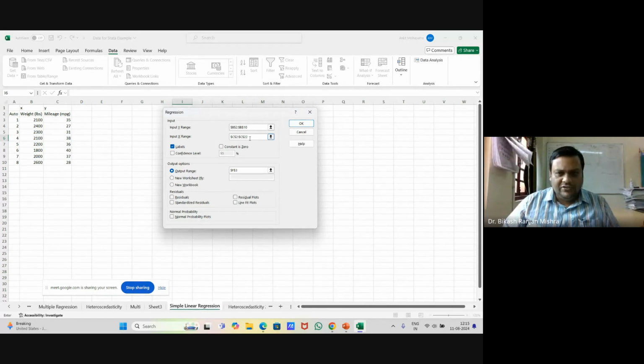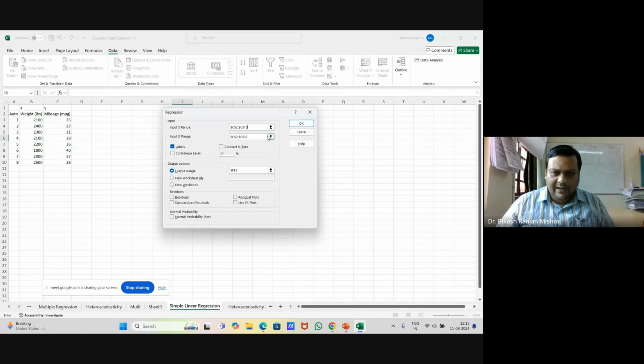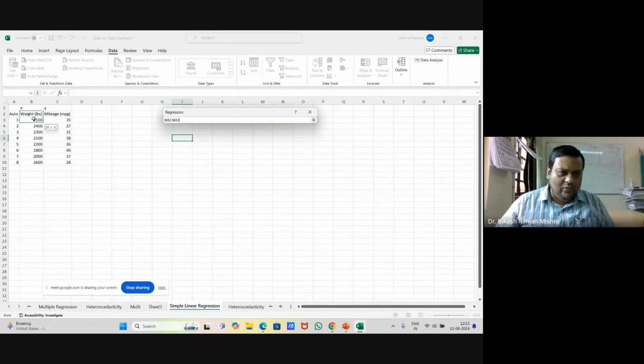Then for the X range, in a similar manner, you have to go to... I'm sorry. I have to select the Y range as the mileage. I'm sorry, the mileage should be the Y range. So mileage should be considered here as the dependent variable, and the independent variable X range will be selected from weight till the 2600.